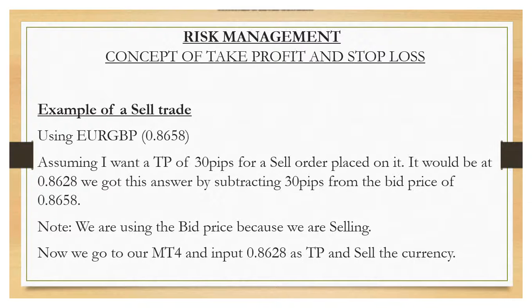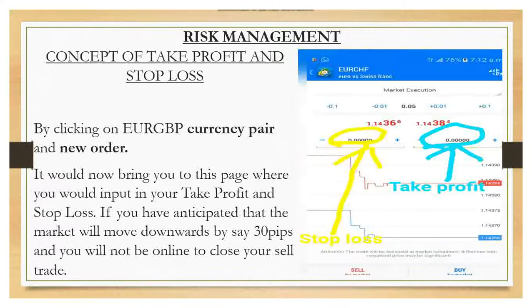Now we go to our MT4 and input 0.8628 as take profit and sell the currency. By clicking on Euro GBP, this is the page that we see. It's the same page that we saw on our buy trade. It would now bring you to this page where you would input your take profit and stop loss.